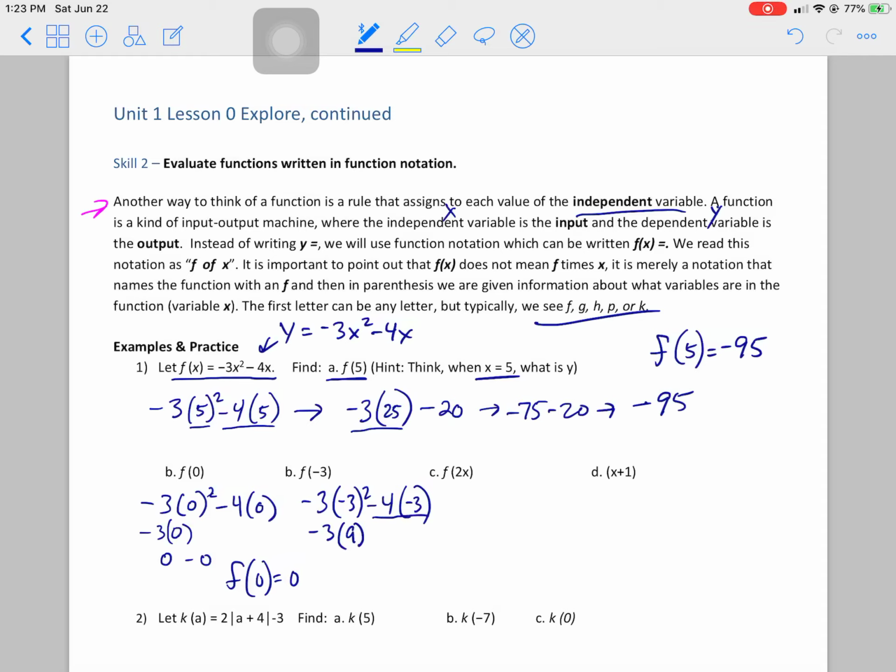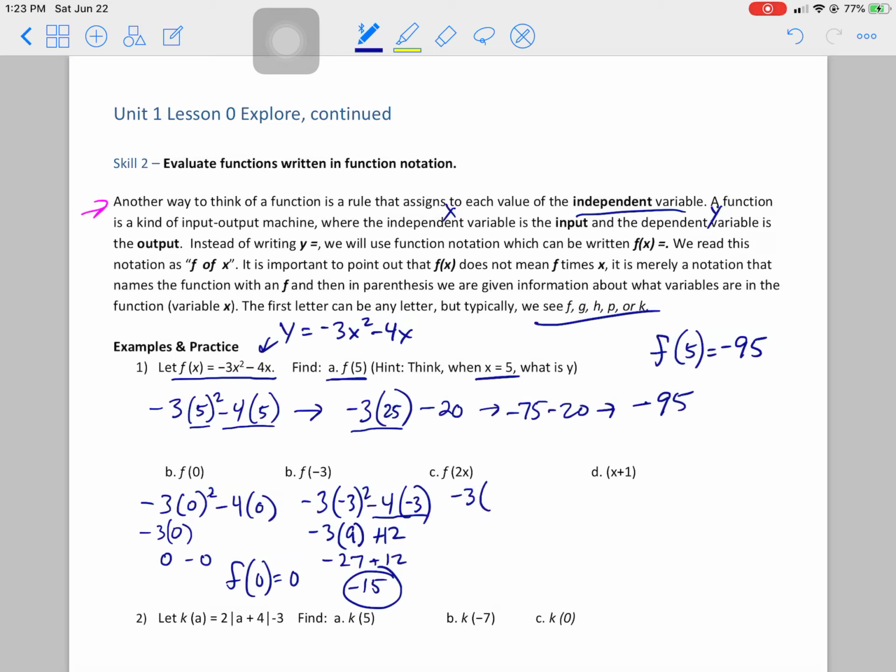And then negative 4 times negative 3 is a positive 12. This is a negative 27. You add them together or subtract them, however you want to say that. A negative 27 plus a 12. This is where you get out your calculator if you need to. Negative 27 plus 12 is negative, since 27 is bigger. The final answer is going to be negative. Some people think about it that way. It's a negative 15.